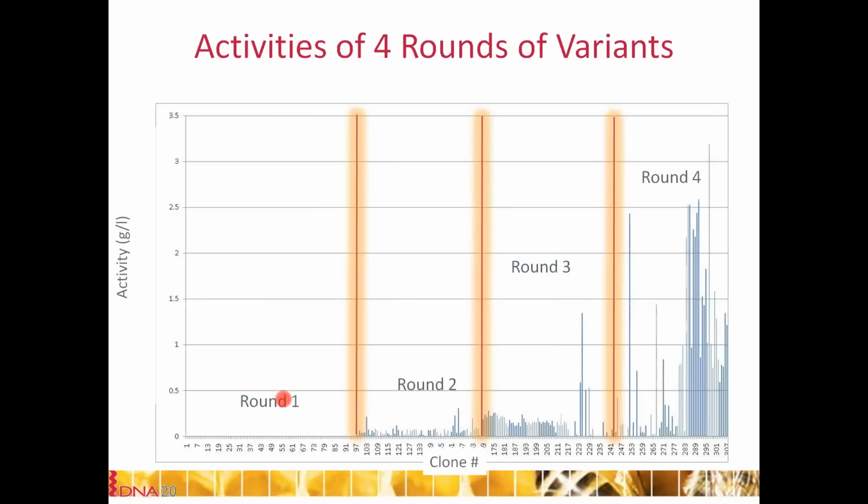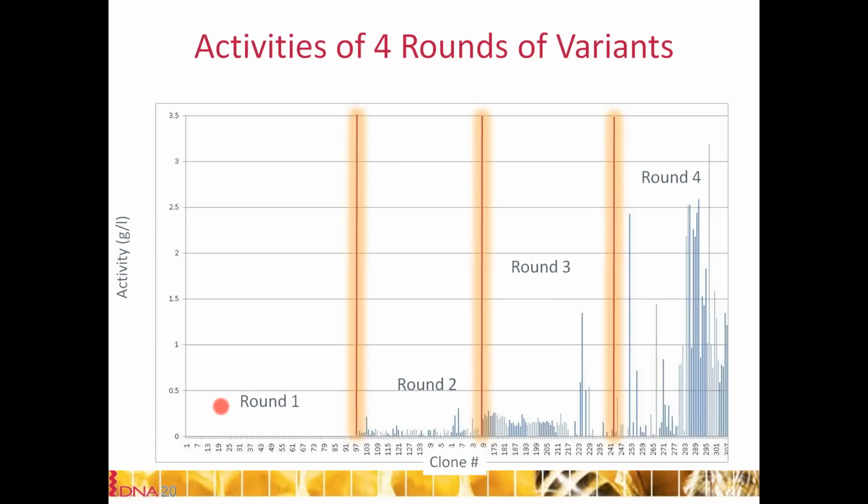And to cut a very long story much shorter, if you now line up all the sequences throughout this experiment, we end up with round 1, 2, 3, 4. And what you're looking at on the x-axis is the total number of sequences analyzed, so there's 307, I think. And then the corresponding activity here measured as kcat over km across the rounds.